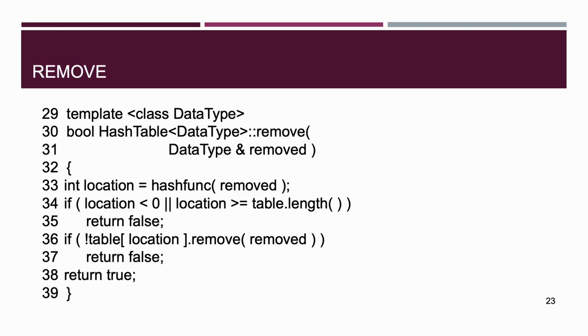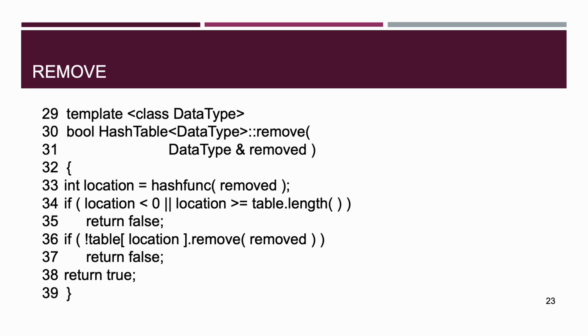Now let's look at how the remove function works. We start by passing the removed object through the hash function to determine its location within the table. Then we verify the location is valid using the bounds check.